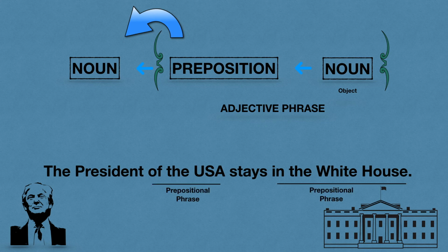But which of these two prepositional phrases is connected to a noun on the left? That's right, the answer is of the USA. So, of the USA behaves as an adjective phrase describing the president. But what about in the White House? We'll discuss that in the following segment.